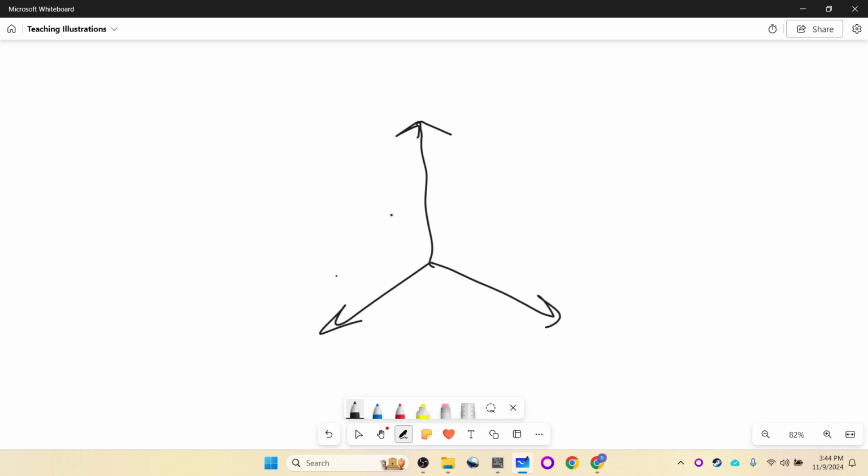Alright, so let's say we have our 3D surface, and we have a path. C is r of t, which would be x of t and y of t.